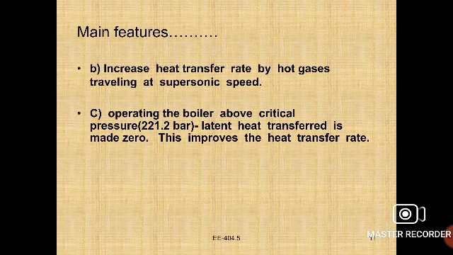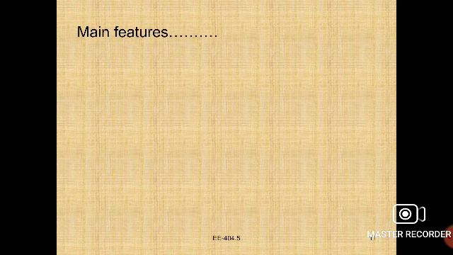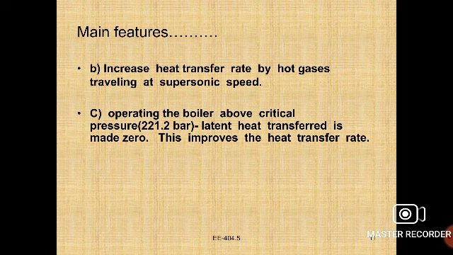Once again, the improved methods of heating can be achieved by providing large heating devices such as the superheater, economizer and air preheater, also used to heat the air and the water. Increasing the heat flow through the tubes by using hot gases traveling at supersonic speed.